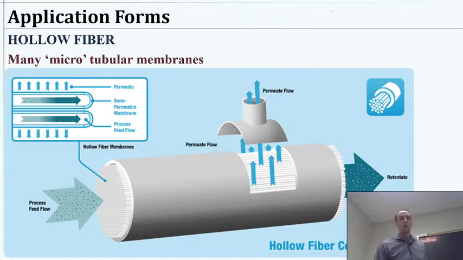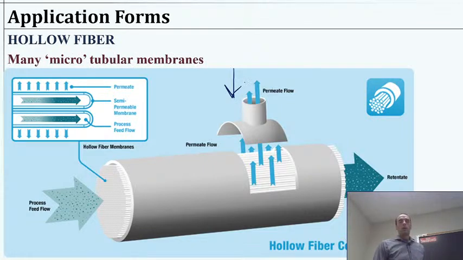You could conceive of reversing this flow, and you would have water meeting the outside of these tubes, collect all the water that's coming out from inside the tubes, and anything that didn't make it through the tubes is coming out as your concentrate.